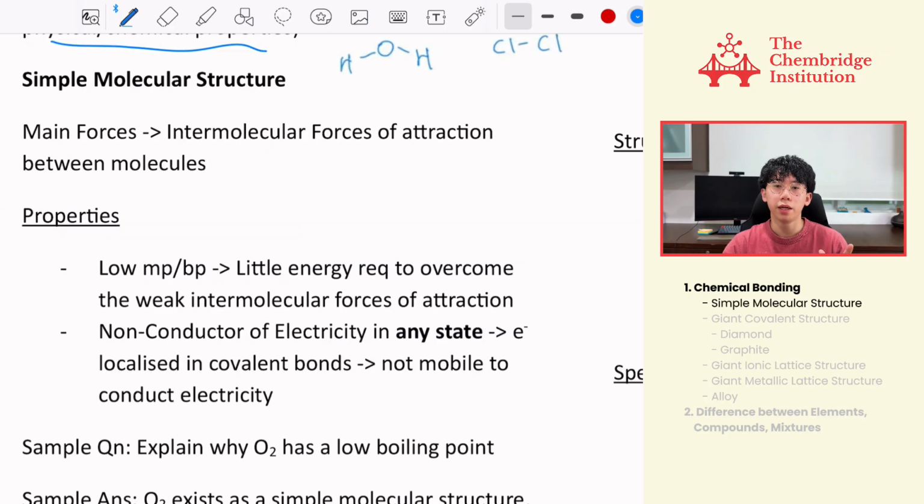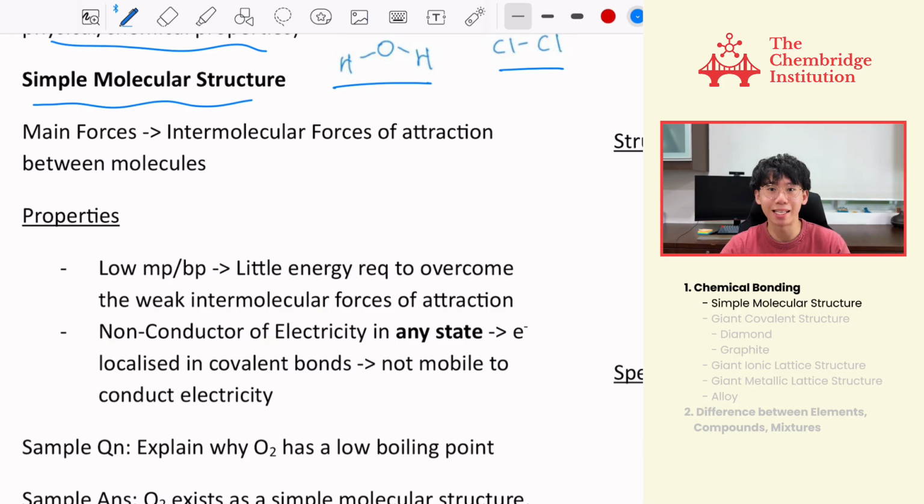So first up, if there is covalent bonding in your molecule or in your compound, the first thing you should think about is that it's probably a simple molecular structure. For example, your water, which is H2O, your chlorine, or even your oxygen molecule that we went through just now.